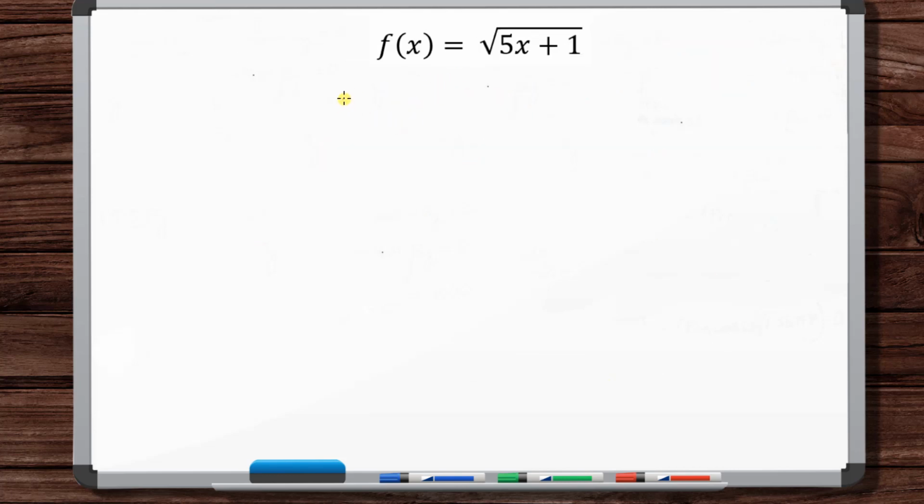Okay, so we want to find f prime of x. So again, looking at the biggest picture, what do we have here in terms of the base derivatives that we know?